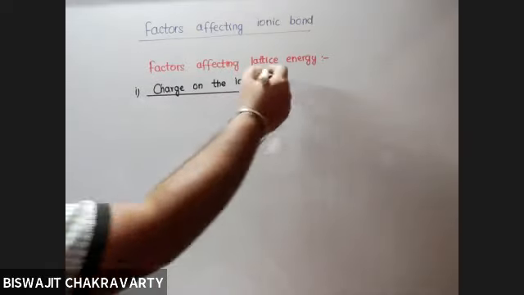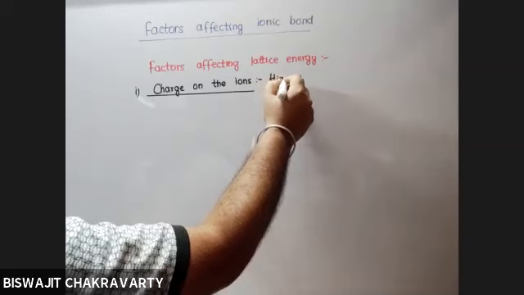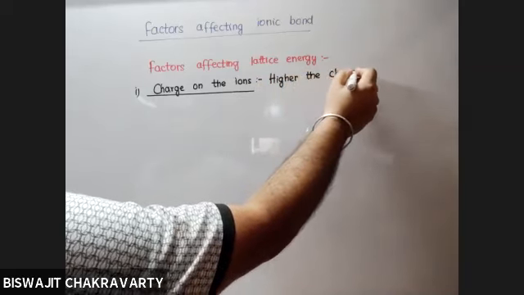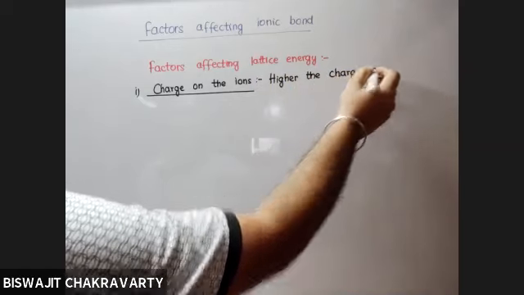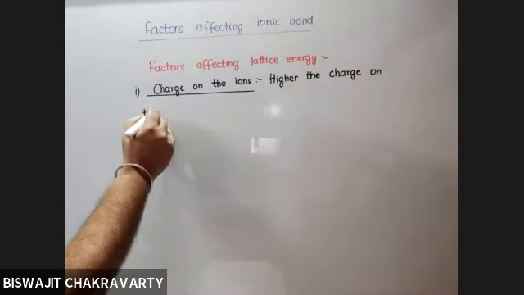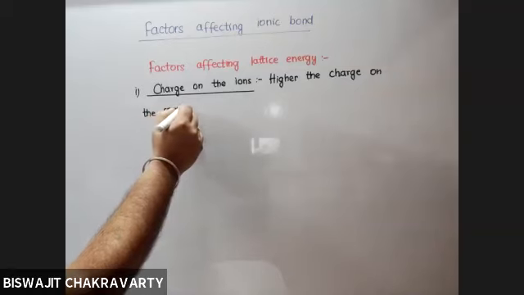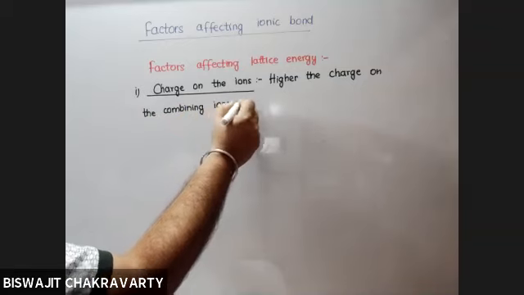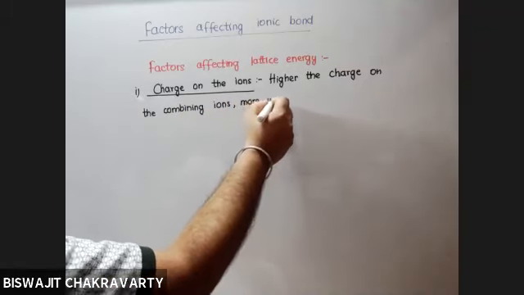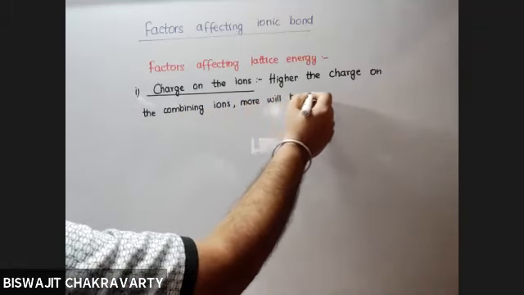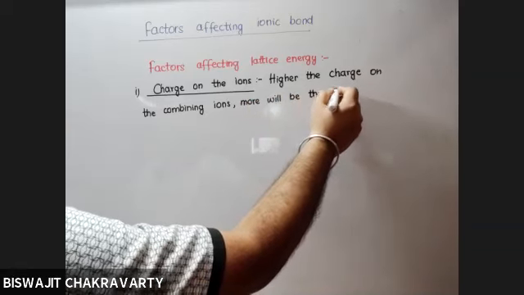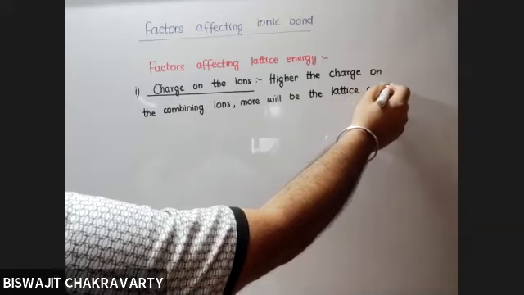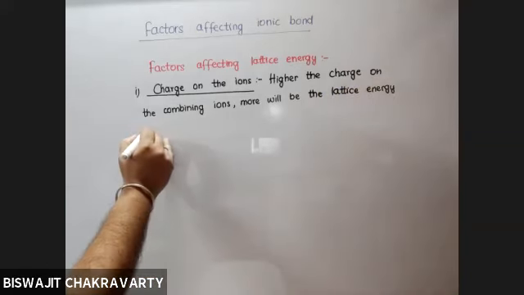So we can write: higher the charge on the combining ions, more will be the lattice energy released.